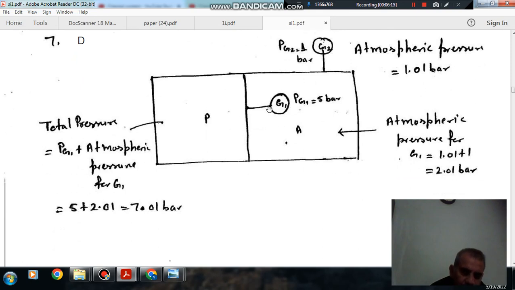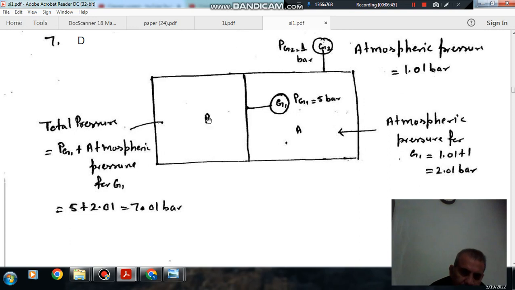This measures the gauge pressure, and this one is also measuring gauge pressure, 1 bar. So the total pressure here is 1 bar plus 1.01 bar, that is 2.01 bar. So this will behave as the atmospheric pressure for the other gauge.